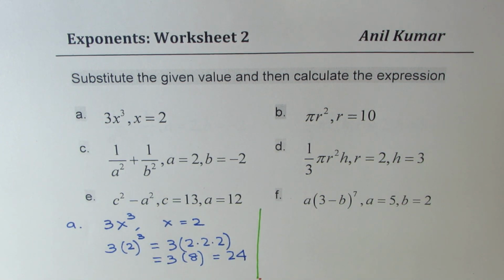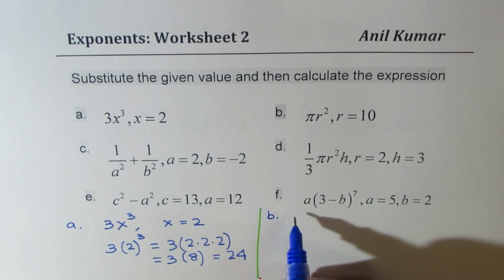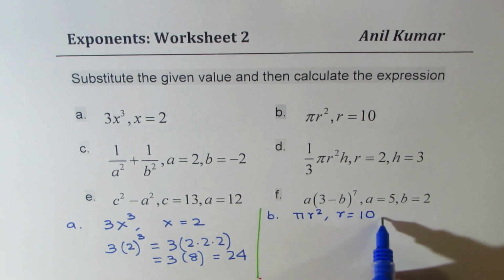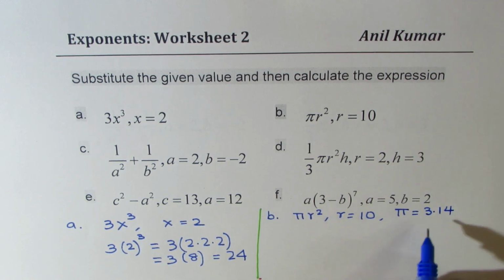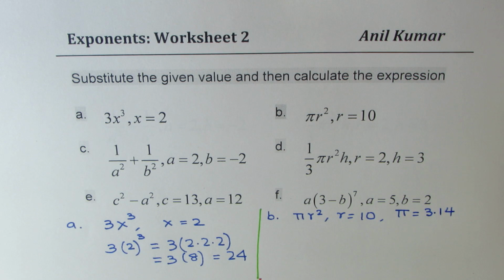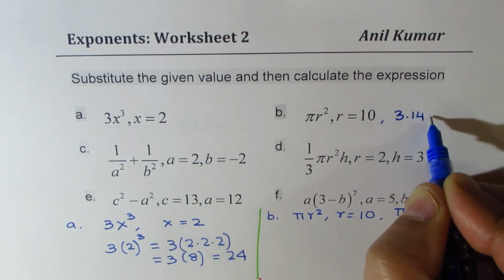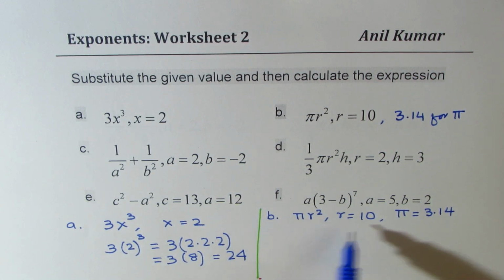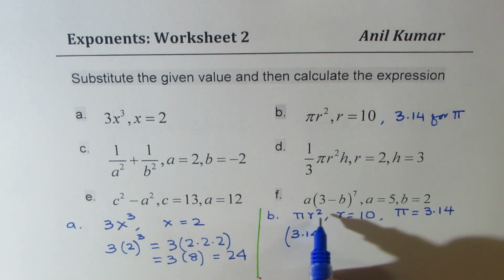Now let's take B, which is pi r squared, where r is equal to 10. The value of pi you can always take as 3.14. That is the standard value of pi. So we'll replace pi with 3.14, and we get 3.14 times r squared.